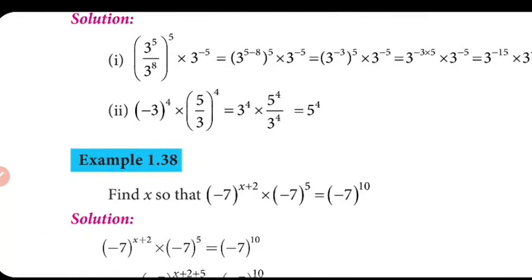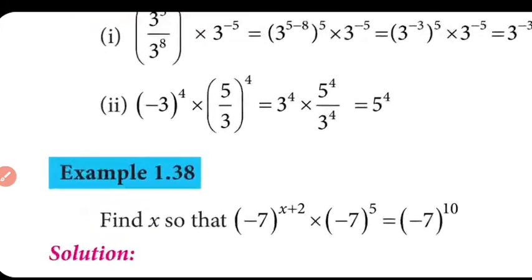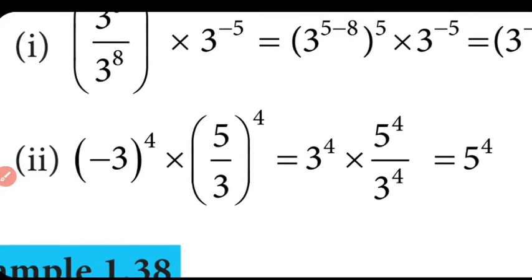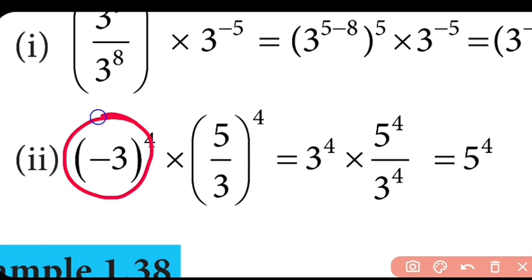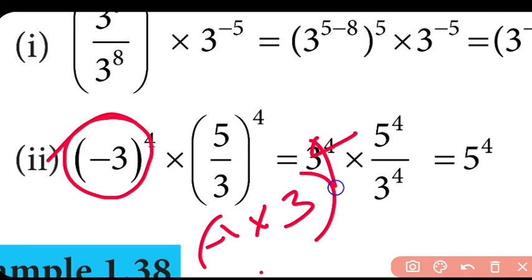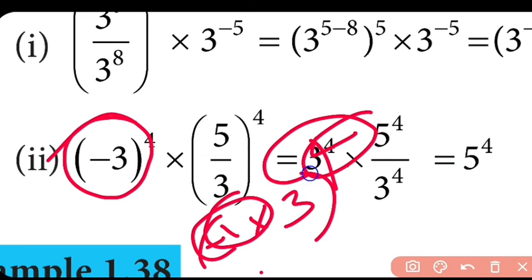Second one: 3 power minus 4 plus 4, that is 3 power plus 4, into (5 by 3) whole power 4. For minus 3 power 4, I separate minus 1 into (3 whole power 4). Minus 1 power 4 is plus 1. Next, we keep 3 power 4.